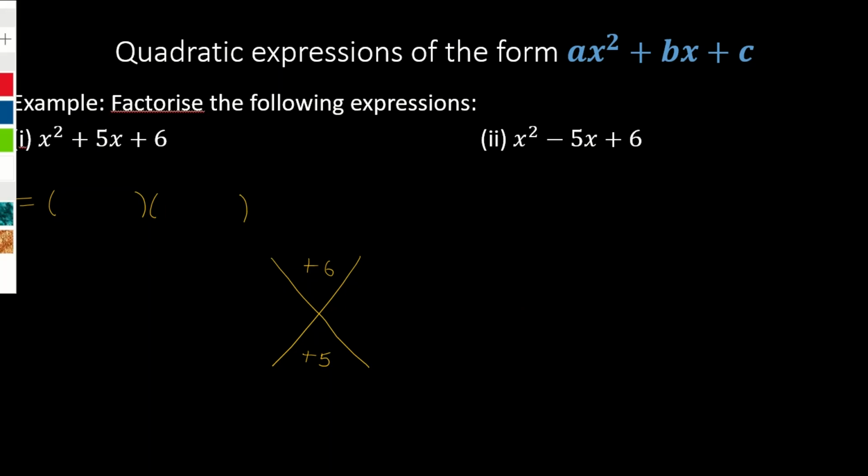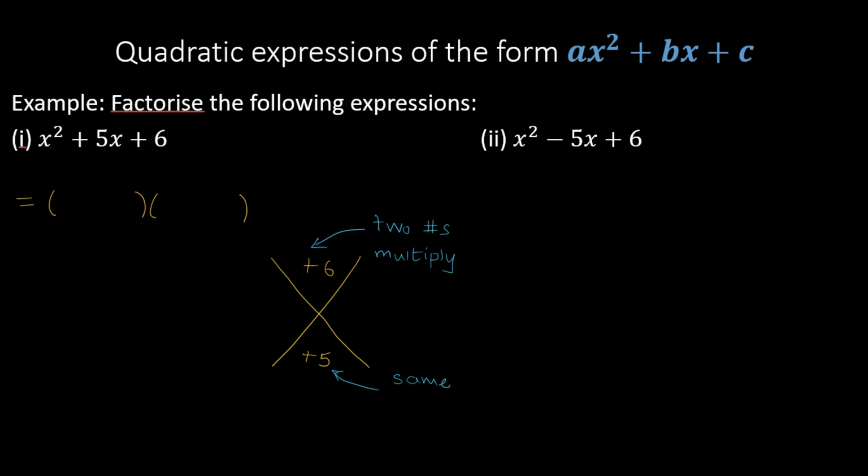Now, what do we have to do? We have to think of two numbers which, when we multiply, give positive 6, and the same two numbers which, when we add, give positive 5.